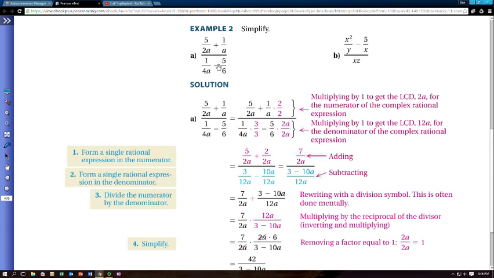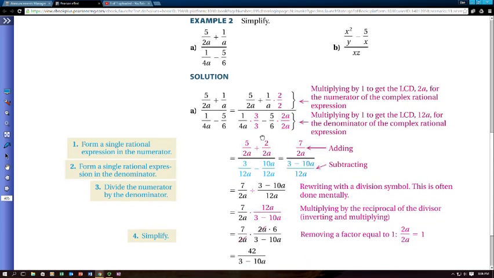Well, the denominator in this case, which is 1 over 4a minus 5 over 6, is the same process. How do I get a common denominator? I just treat the denominator on its own. I rewrite these fractions so they have a common denominator of 12a.